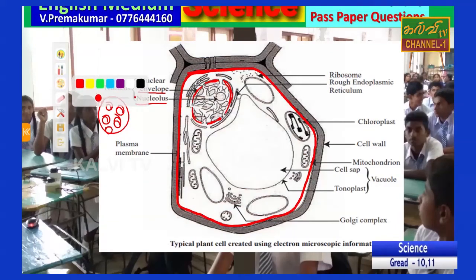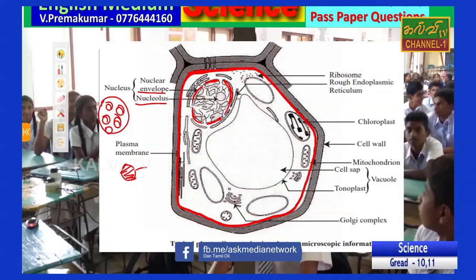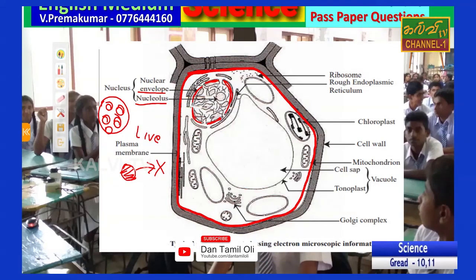But that plasma membrane is a selectively permeable membrane. Sometimes some particles are not allowed to go inside. So it can decide; it is a living cell membrane. After that they have mentioned the ribosome.